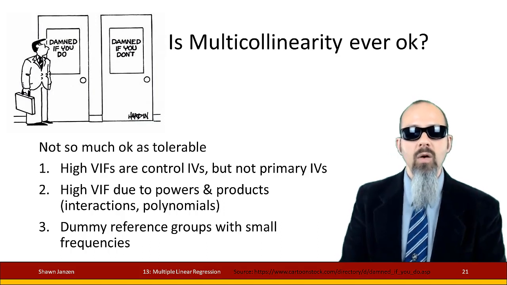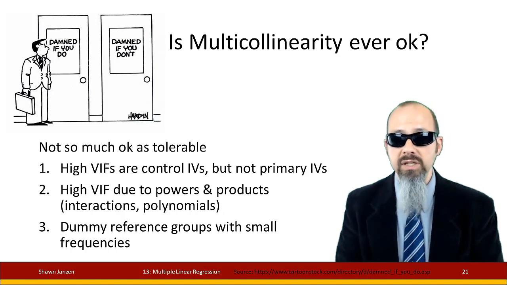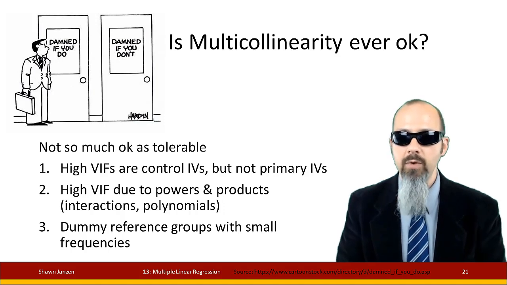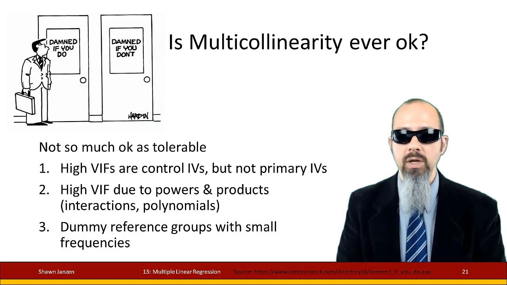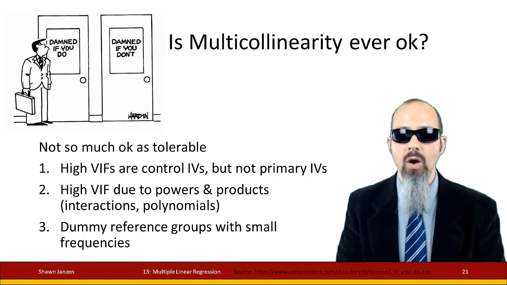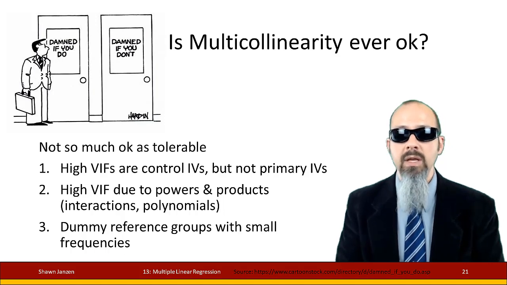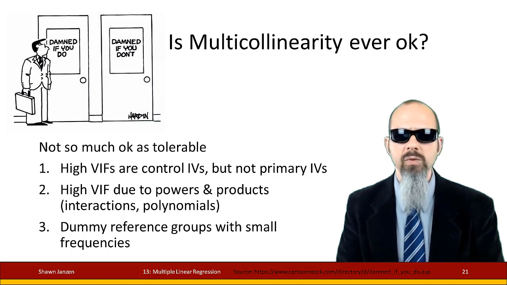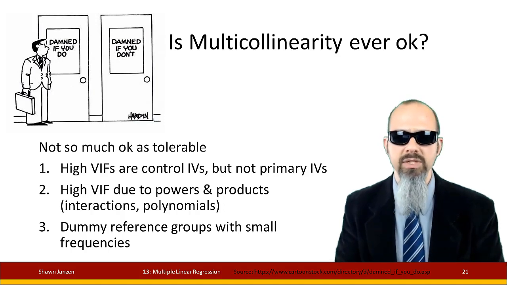Now, is it okay to just leave the multicollinearity alone? Well, like we said before, it's a downward spiral into type 2 error land here. So it's never that it's okay. It's more of a question of, is it tolerable? If you have high VIF scores from control independent variables, these are the ones that are not your primary ones of interest.